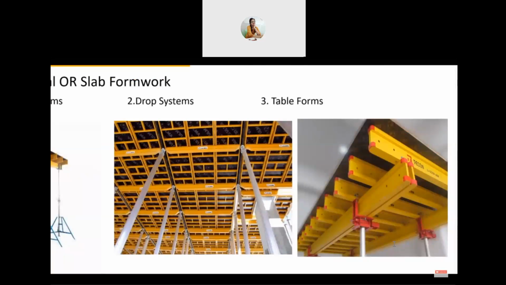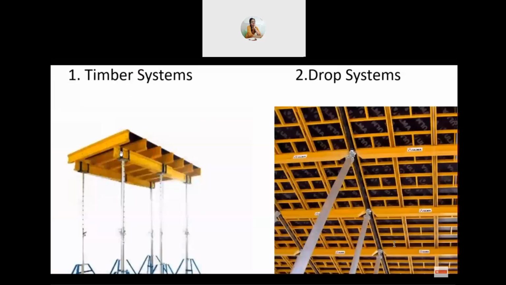This is table form. But in these timber systems, it is not at all fixed. Only here we can see this primary beam is fixed with this one. But also we can dismantle it.